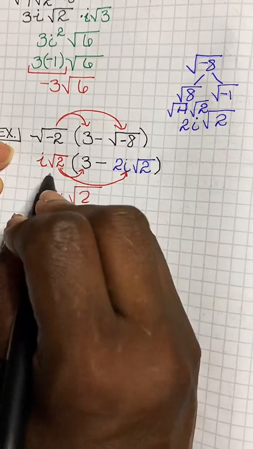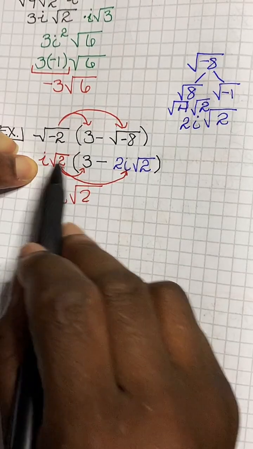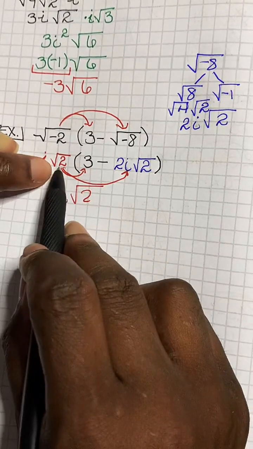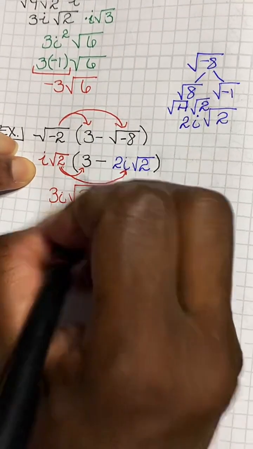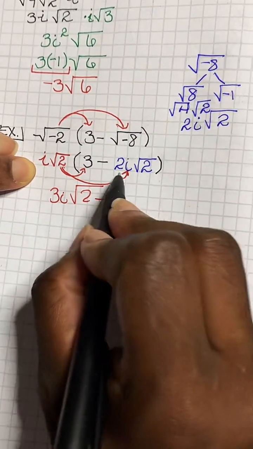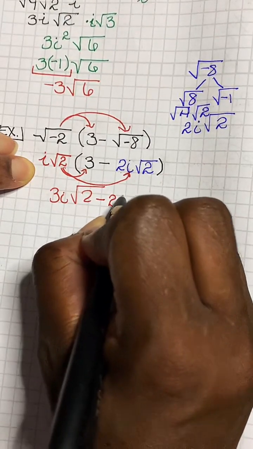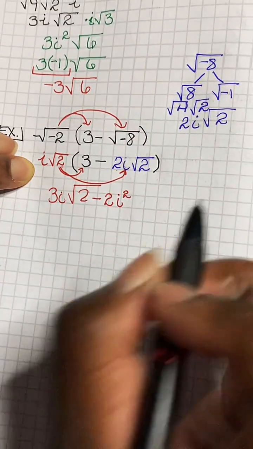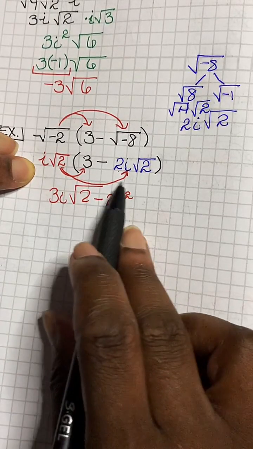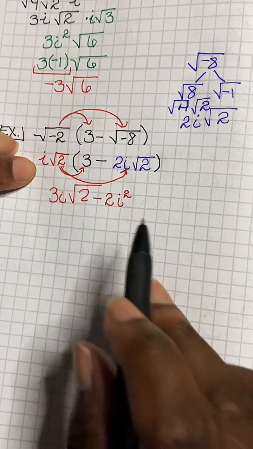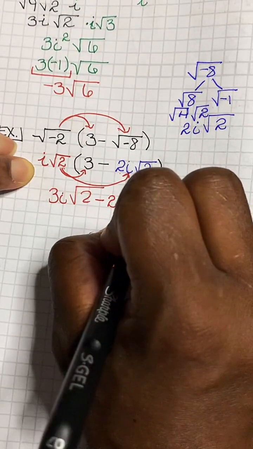Okay, so now we want to multiply coefficient with coefficient, radical with radical. So we bring down our minus sign, we bring down the 2. Then we have the i squared. I know as you get used to this, you're going to skip this step, but I just want to show you all the steps before everything goes haywire.